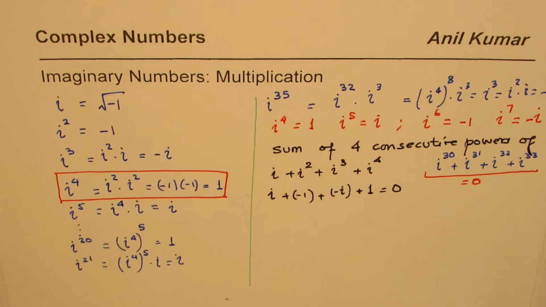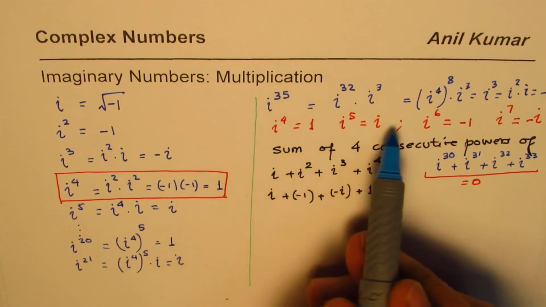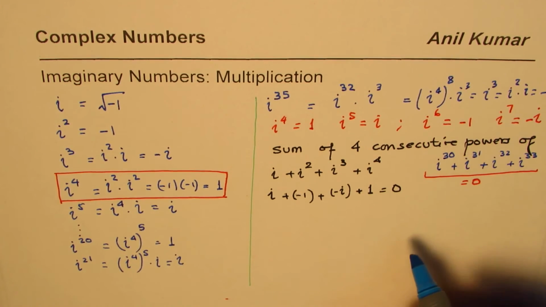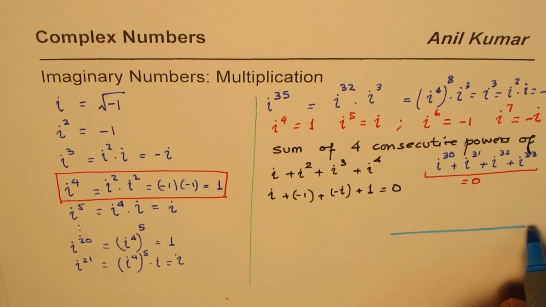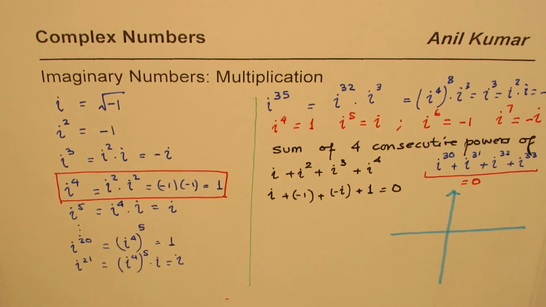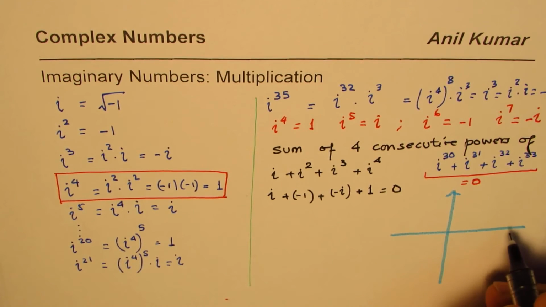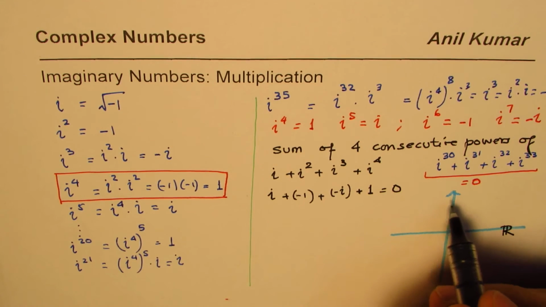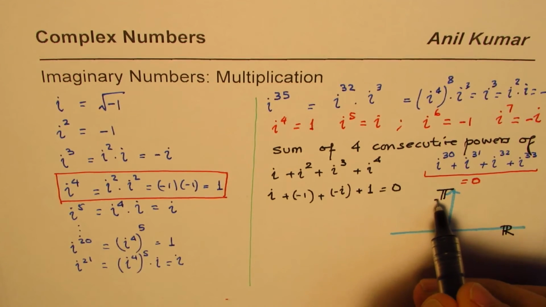Now in the coming videos, we will also see how to represent the complex numbers on a graph. So let us look into these values of i on a graph also. In a coordinate plane, we represent real numbers along the x-axis. So the x-axis represents the real numbers and the y-axis represents the imaginary numbers.